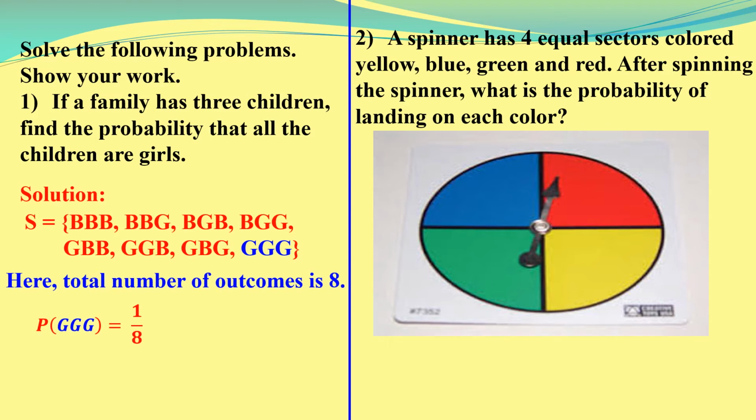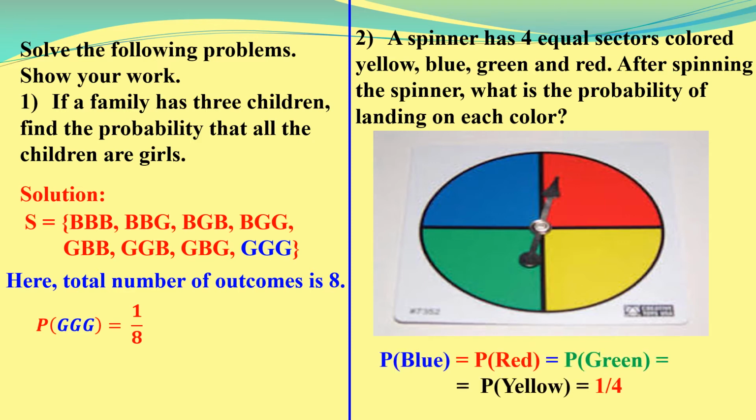After spinning the spinner, what is the probability of landing on each color? Since there are only 4 equal sectors, the probability of getting a blue is the same as the probability of getting a red, a green, or a yellow, which is 1/4.